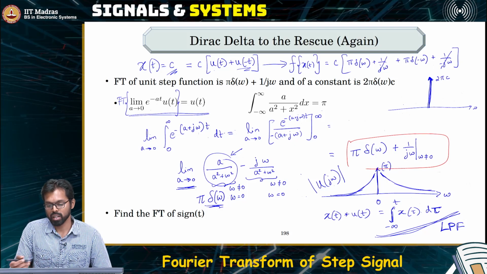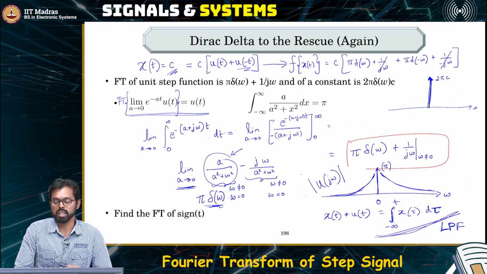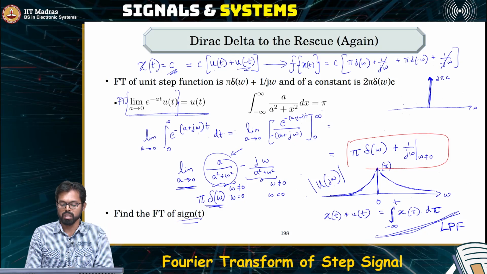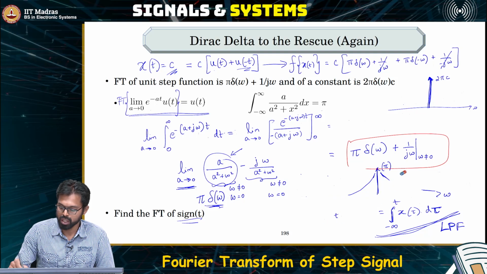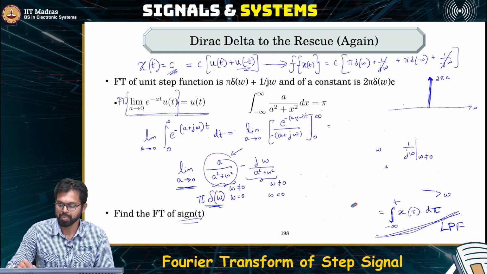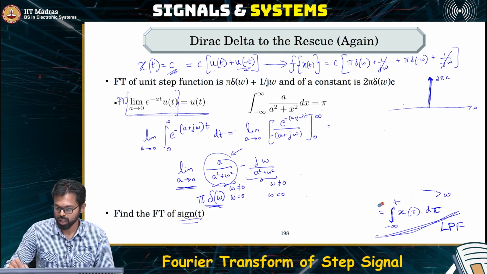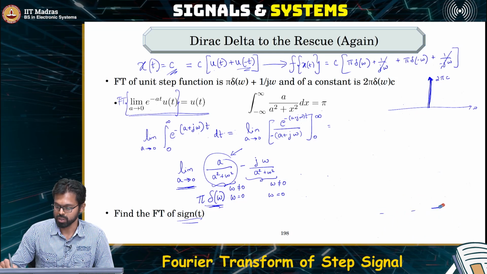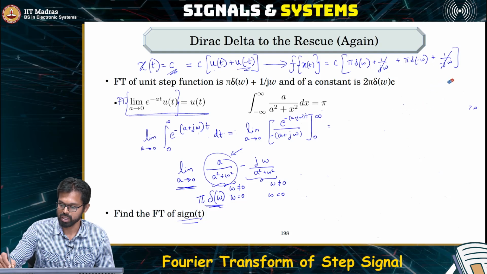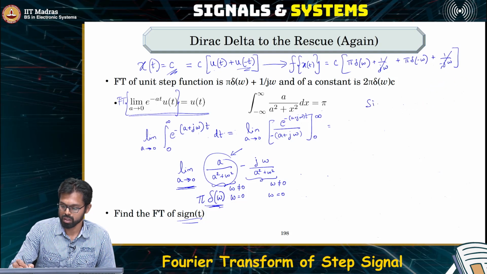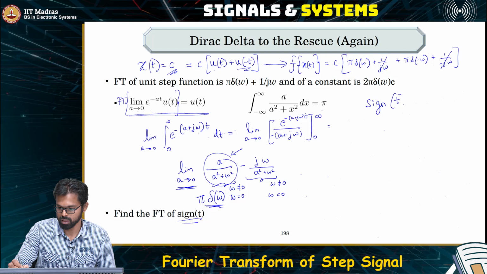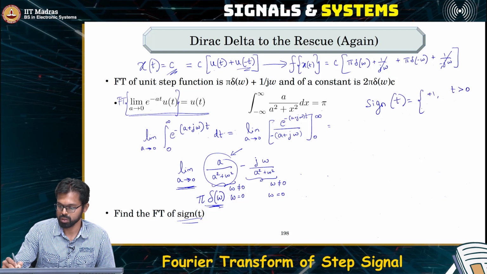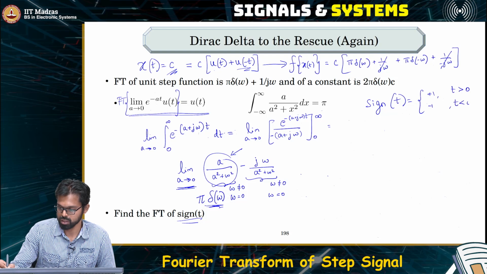We can also find out the Fourier transform of other interesting signals. For example, what if you want to find out the Fourier transform of the Signum function? So what is the Signum function? The Signum function is +1 for all positive values and it is -1 for all negative values. In other words, sgn of t is equal to +1 for t greater than 0, and -1 for t less than 0.